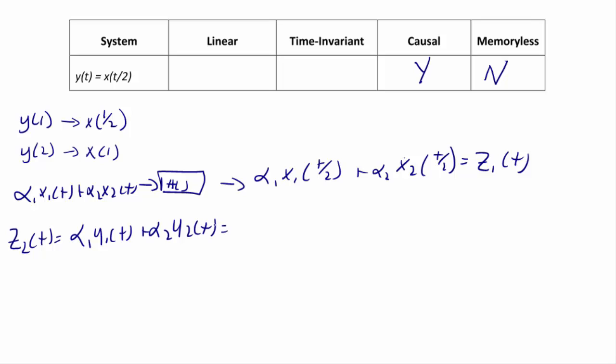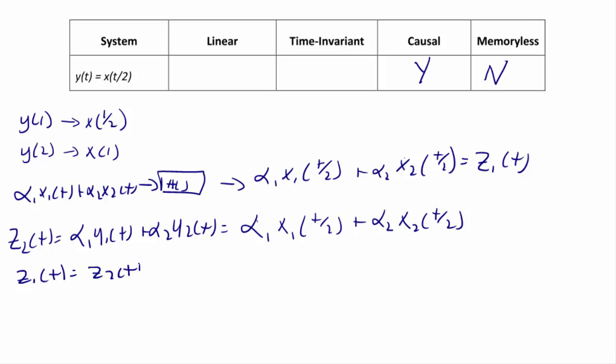So alpha 1 times the output due to x1 is alpha 1 times x1 of t over 2, plus alpha 2 times the output due to x2 is alpha 2 times x2 of t over 2. And we can quickly see that z1 of t equals z2 of t. So this is indeed a linear system.